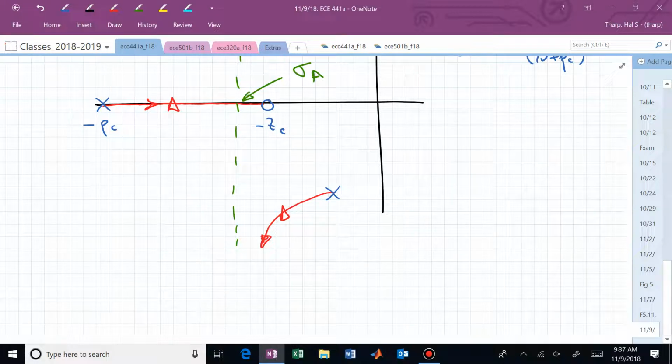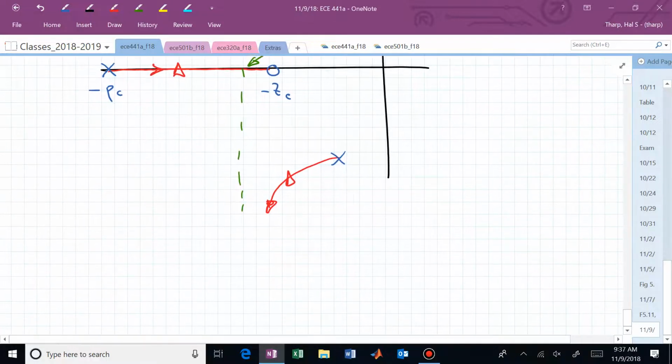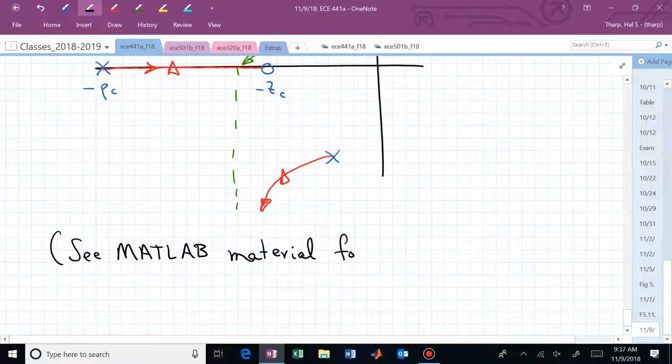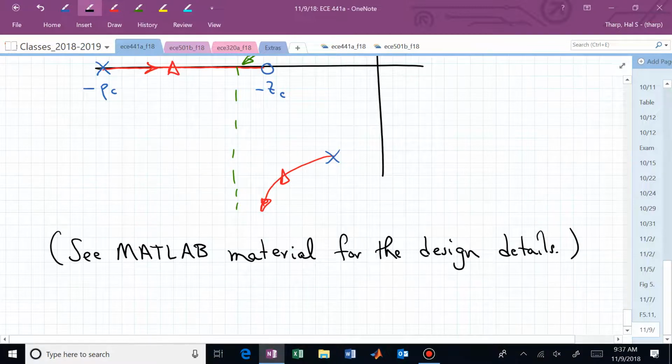And it's a phase lead controller design script, so I would say see MATLAB and the Lab 2 material for the design details. But I hope that you now have a little bit of a feel for what you could do with a phase lead controller. You can modify the root locus.